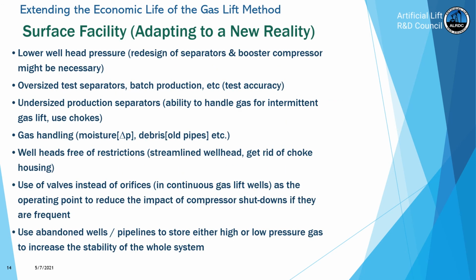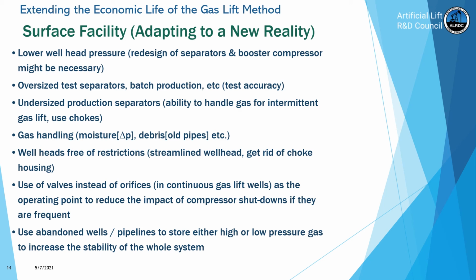Now let me say a few things about surface facilities. We need to adapt to a new reality, and maybe one of the ways that we can increase the production of the wells that are producing on intermittent and continuous gas lift is by lowering the production wellhead pressure. But we have to know how to do it.